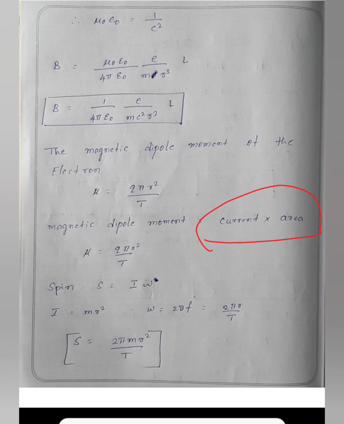Next we calculate the spin of the electron. Spin is equal to the moment of inertia times the angular velocity omega. Spin is equal to I times omega.